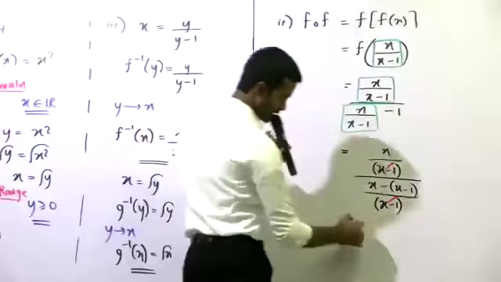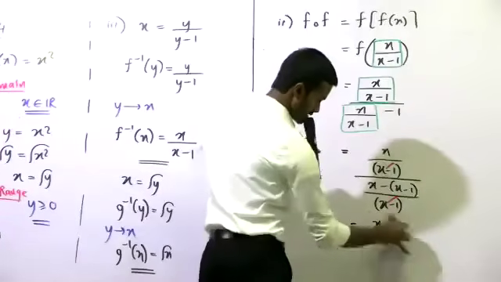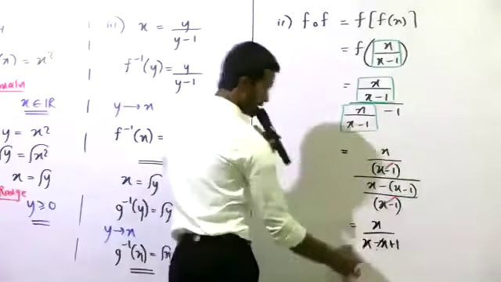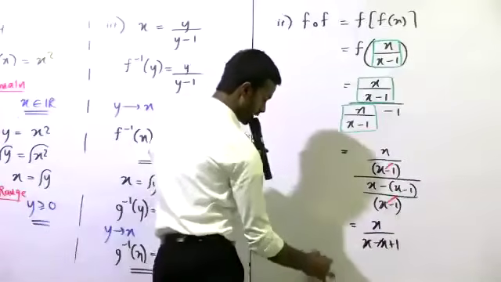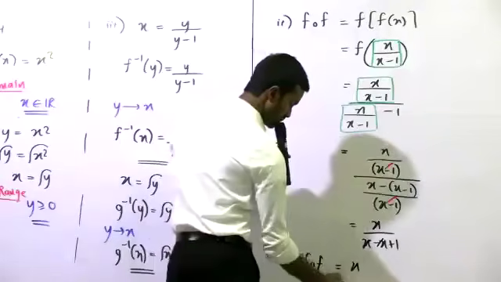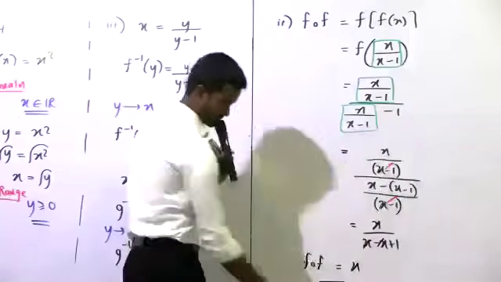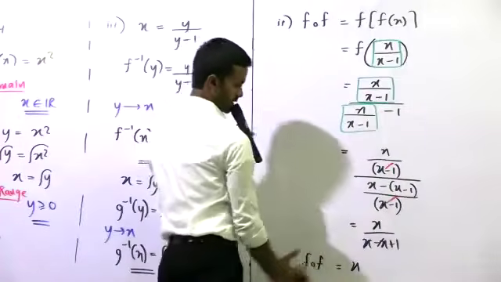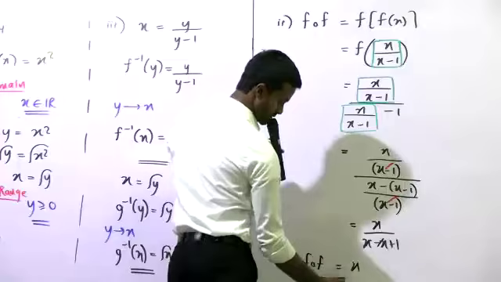So when you simplify, look how nice it is, x minus x plus 1. So x cancels off and it gets simplified. f o f is equal to x. So it gets simplified up to x. If you keep this in this way, look how ugly it is. But here it's good, nice. x. Short and sweet.